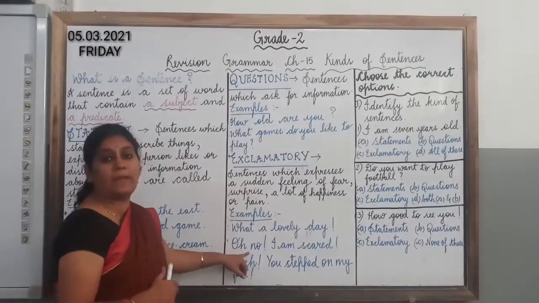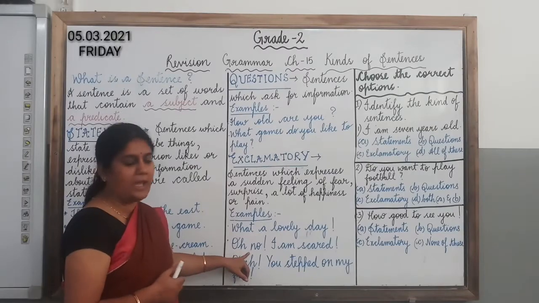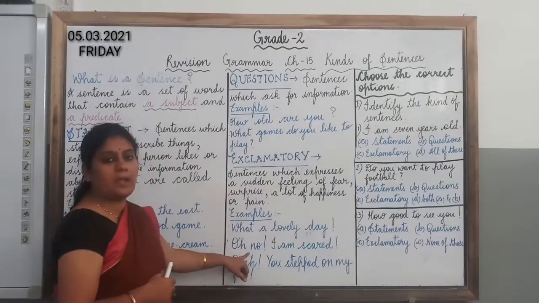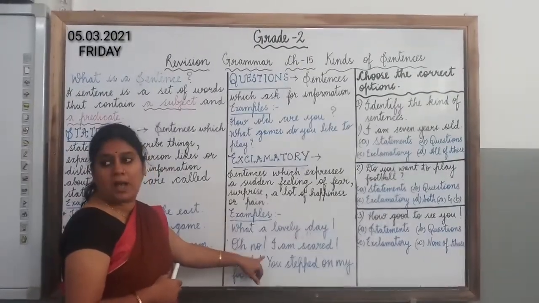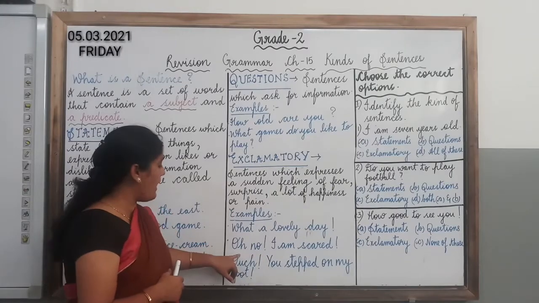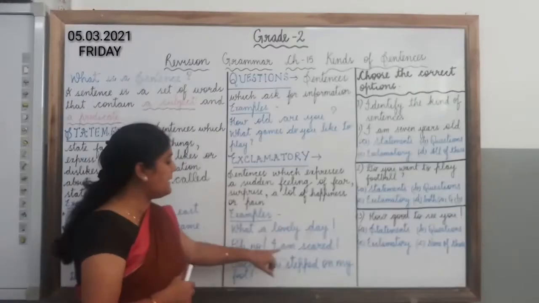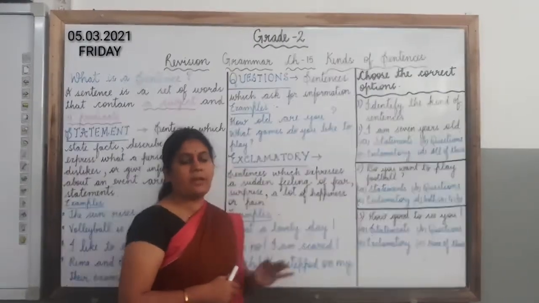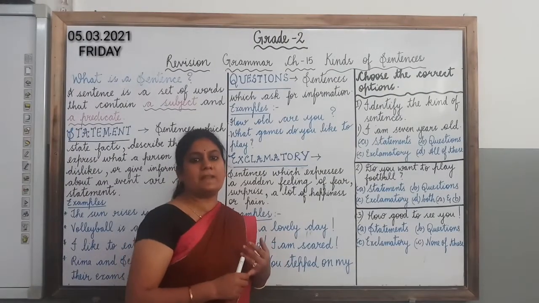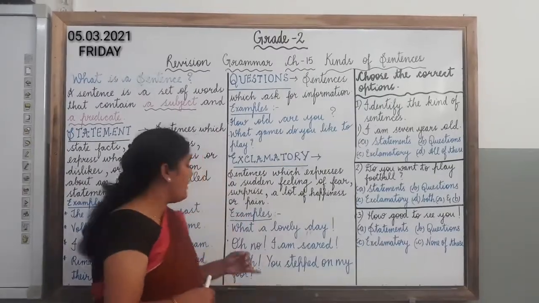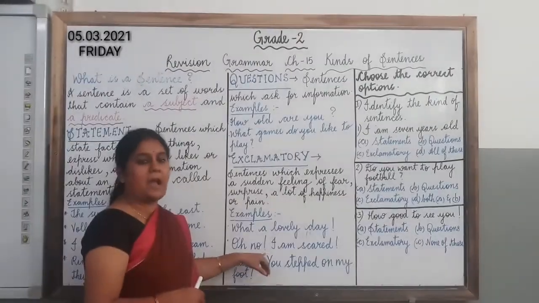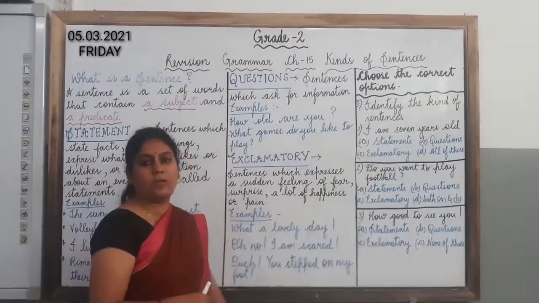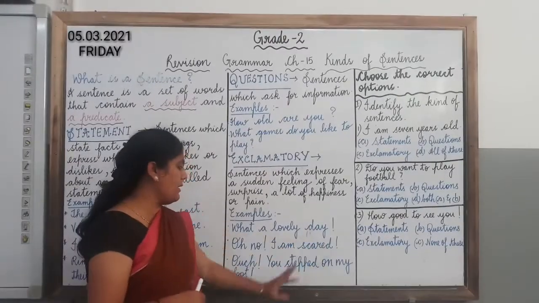Now here the feeling of fear is there. Okay, and you can see the exclamation mark after the word oh no, and at the end also exclamation mark is used. So children, you have to remember that with the words like ouch, oh no, we use exclamation mark, and after completing the sentence also we put the exclamation mark.